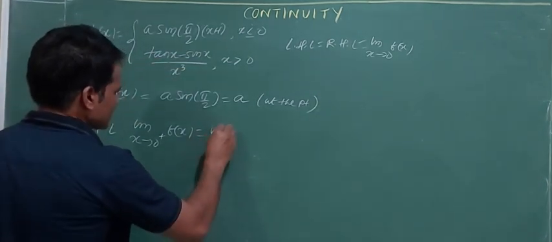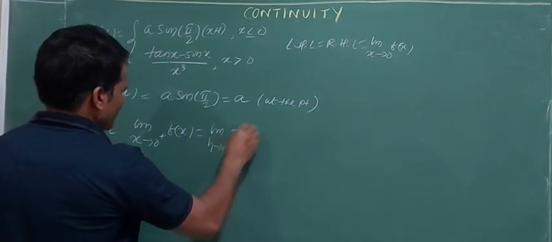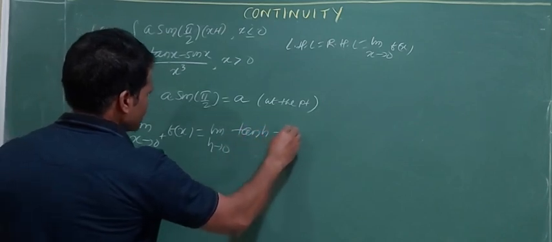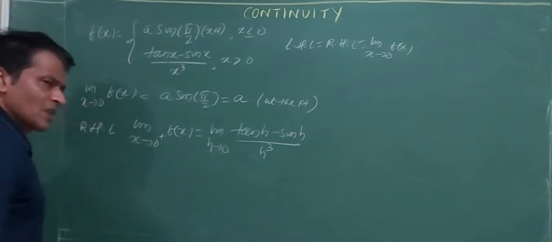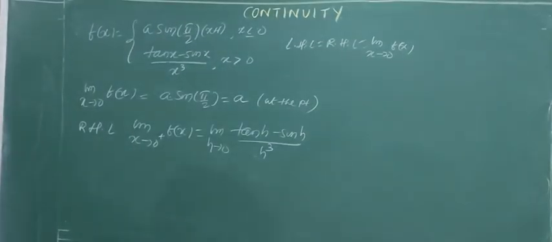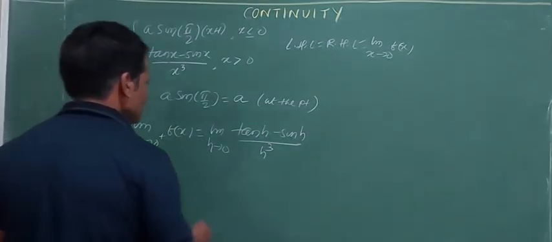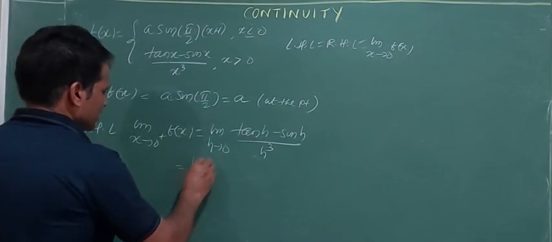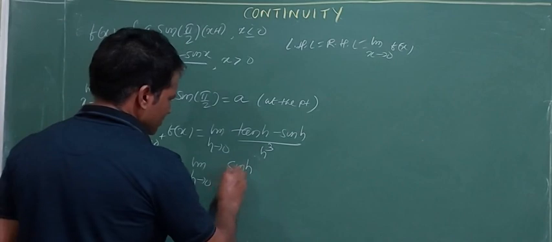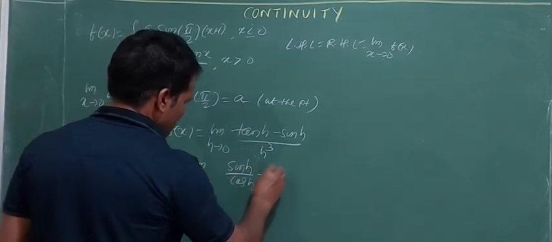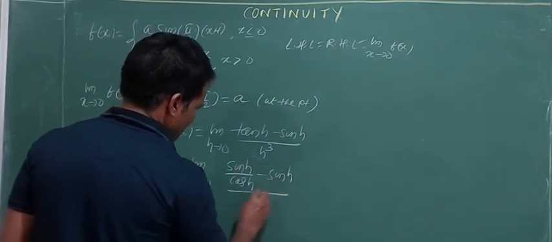That gives you limit h tends to 0, (tan h minus sin h) by h cube. Tan h can be written as sin h by cos h, minus sin h, by h cube.